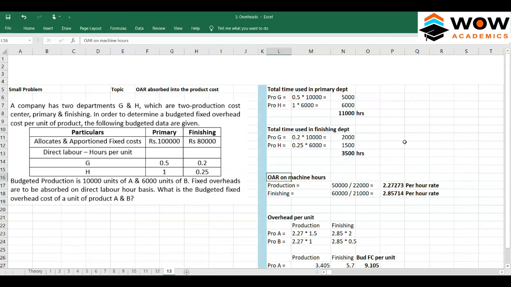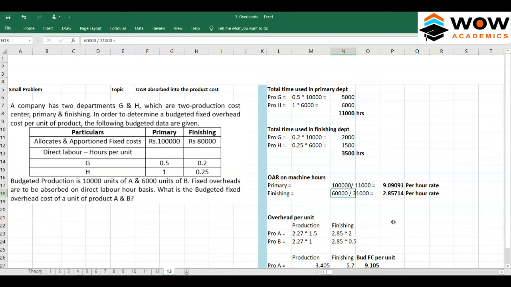So we'll find out the OAR now. For OAR, we have the primary department. The cost is 1 lakh in primary and the total number of hours is 11,000. So we'll find out this amount. Okay, so that comes to 9.09.